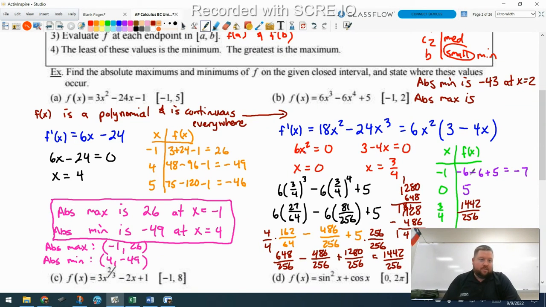It's hard, but look what we just did. We just turned 5 into a number over 256. So this is 5 right here, 1280 over 256, and this number is 1442 over 256. That's the biggest number. So our max is 1442 over 256, and that occurs at x equals 3/4.